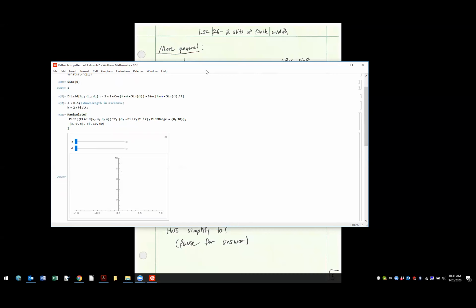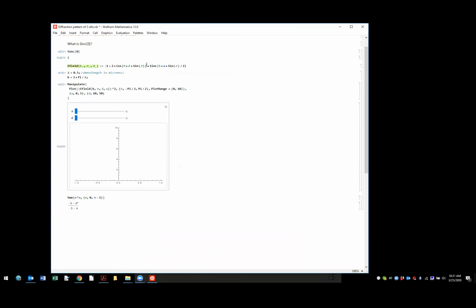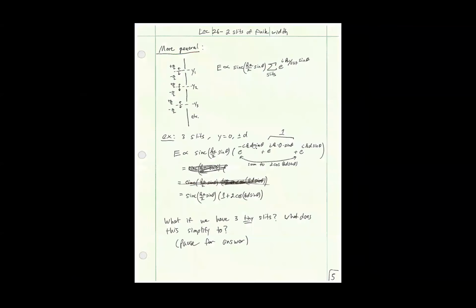So what I've just done is I've just defined a function that is the product of everything we had in the calculation I showed here. In the calculation here, we've got 1 plus e to the ik something plus e to the minus ik something. E to the i something plus e to the minus i something is 2 times the cosine of that something. So that's what we would get in the 3-slit experiment.